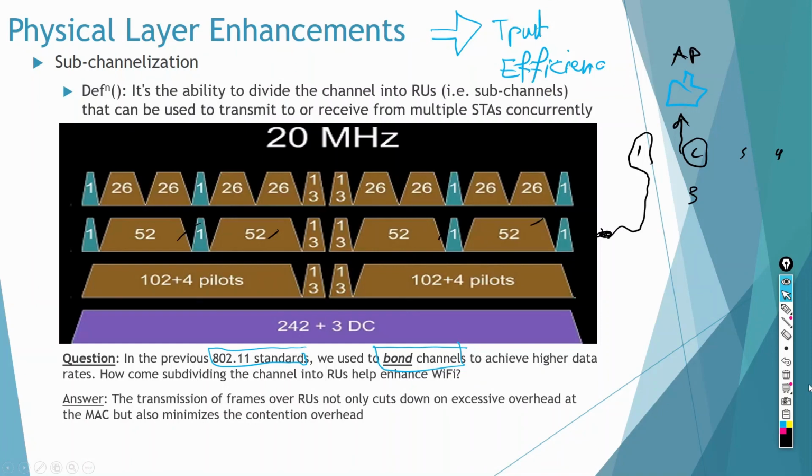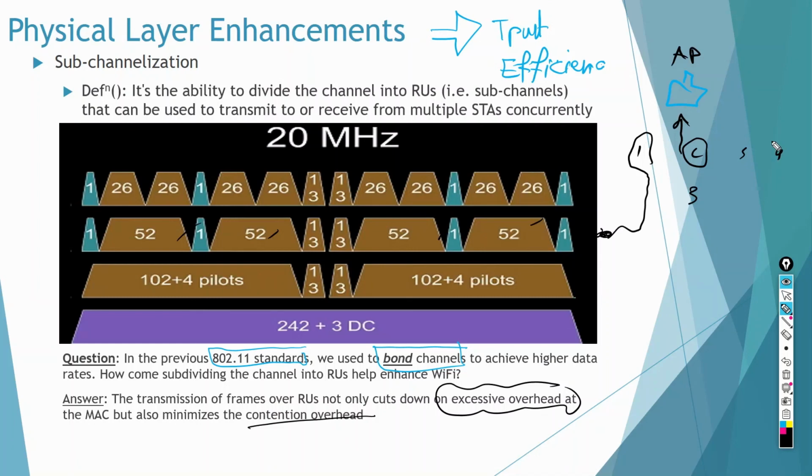So the whole idea about this enhancement is written here. Let's read it together. The transmission over RUs not only cuts down the excessive overhead at the MAC layer, but it also minimizes contention. You see, in our case, we allowed all 4 stations to transmit at the same time.